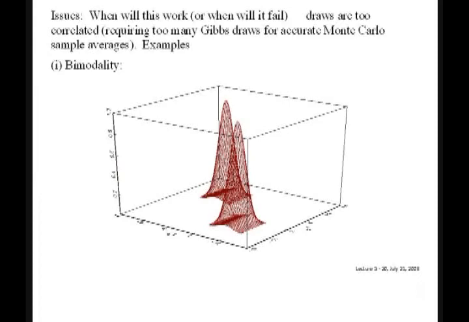So this is A2 and this is A1. You have a picture that looks sort of like this in front of you. Now, I want to get draws from this joint density of A1 and A2, and it's got this funny bimodal shape, right?